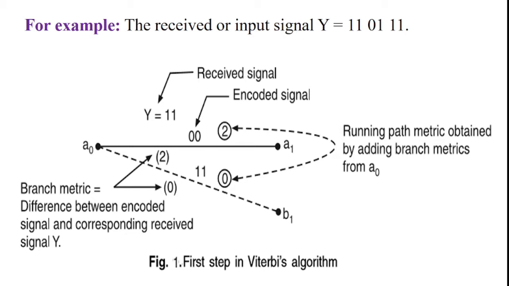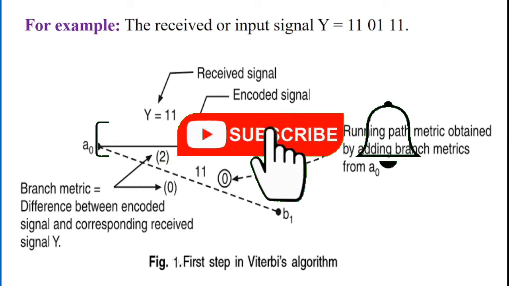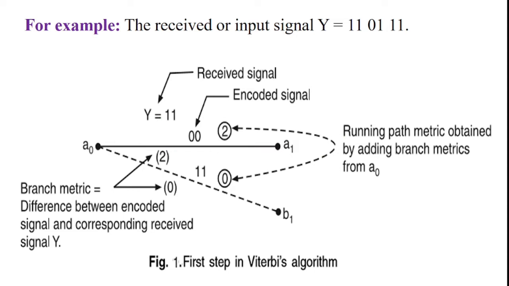It shows that for the current state A, the next state can be either A or B, depending on whether message bit M0 equal to 0 or message bit M0 equal to 1 is to be transmitted. That is already discussed in my previous videos on the code tree and code trellis concepts.